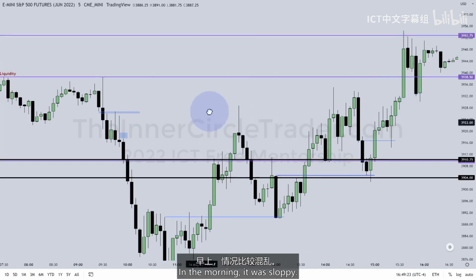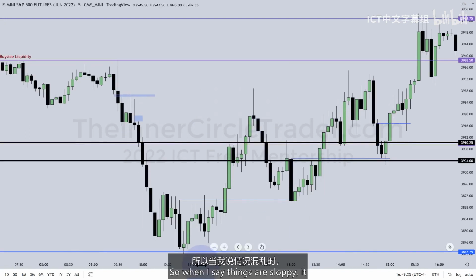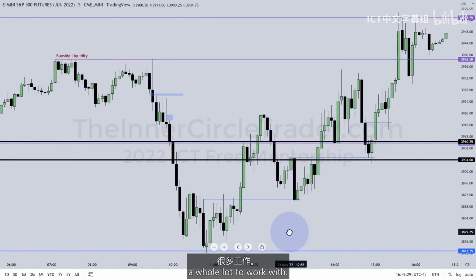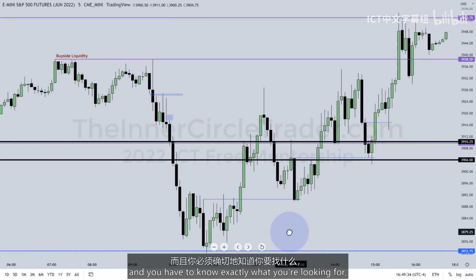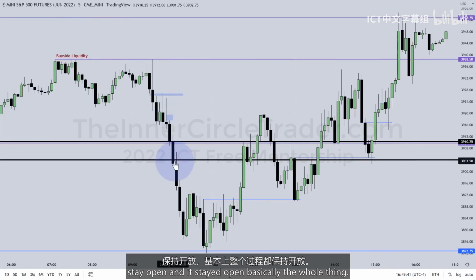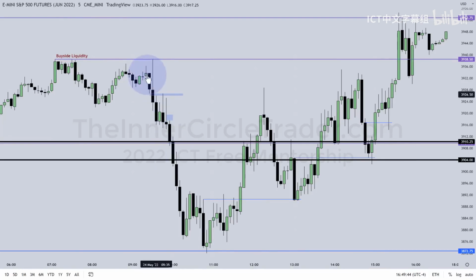In the morning, it was sloppy. So when I say things are sloppy, it just means that it's not really giving you a whole lot to work with. I mean, you have very few options, and you have to know exactly what you're looking for, i.e. what I was giving you this morning. And this area here, watch how it should stay open, and it stayed open, basically the whole thing. This is sloppy.